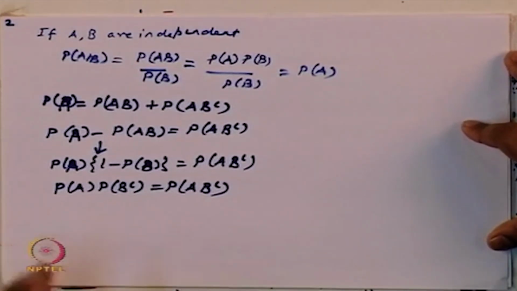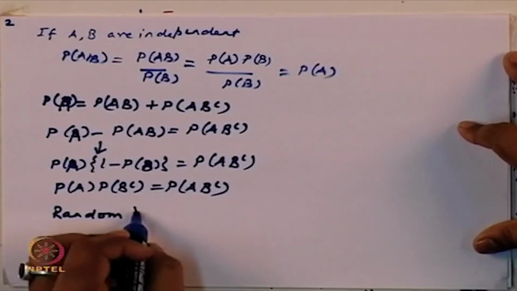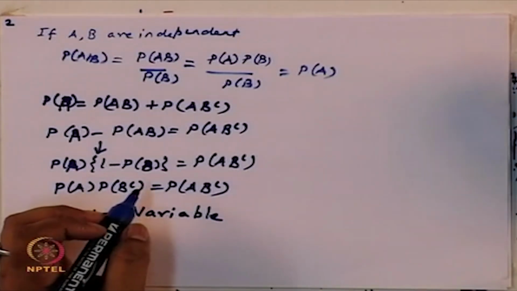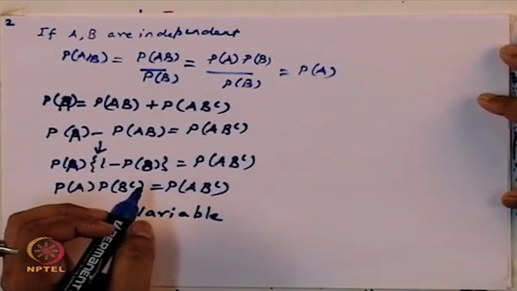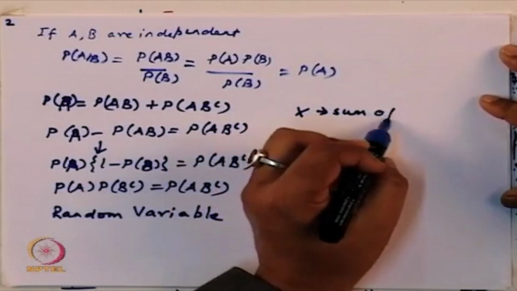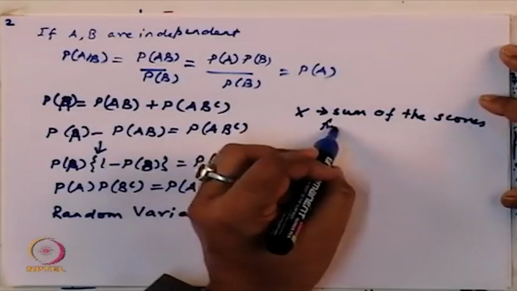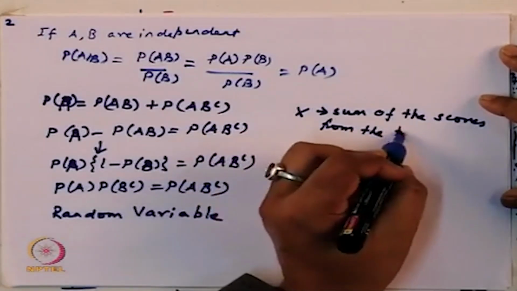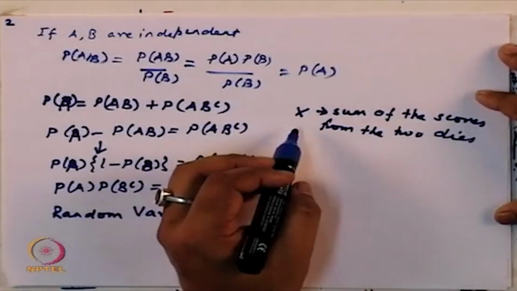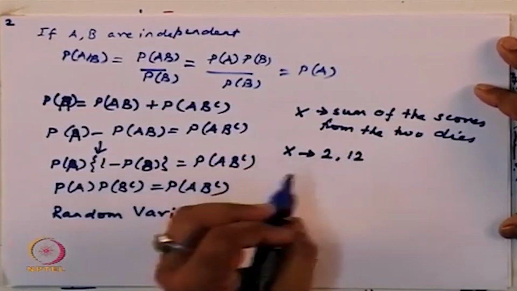Okay. So, towards the end of the last lecture we had discussed random variables. Specifically, we had discussed the case of tossing a die twice, where you can define a random variable X which is the sum of the scores from the two dice. So, X will vary from 2 to 12, okay.